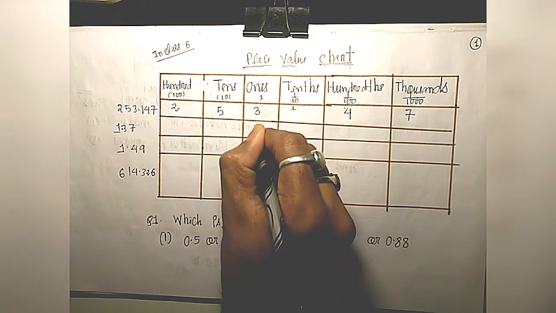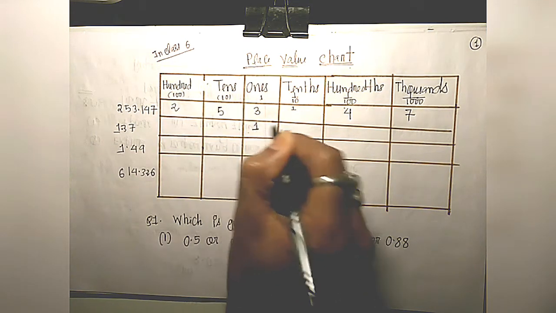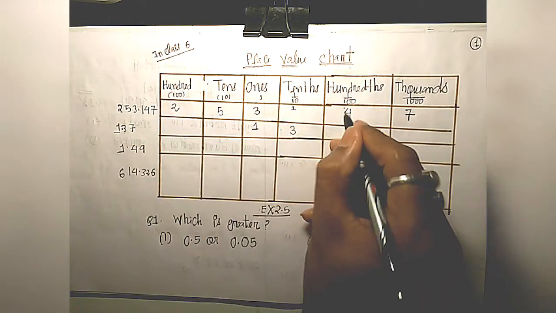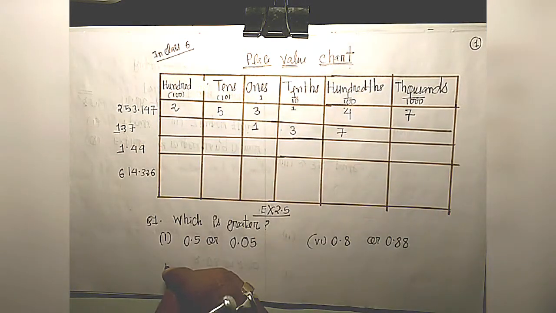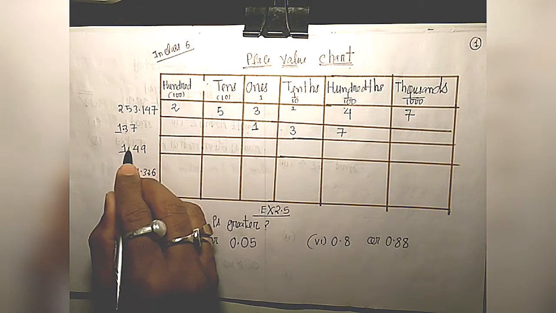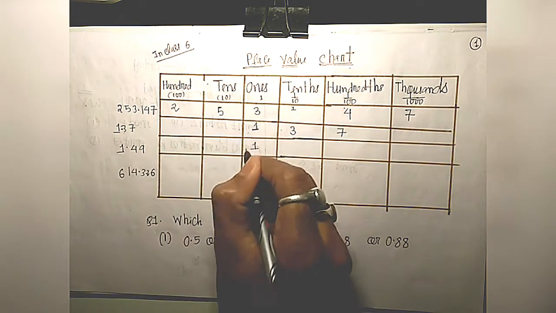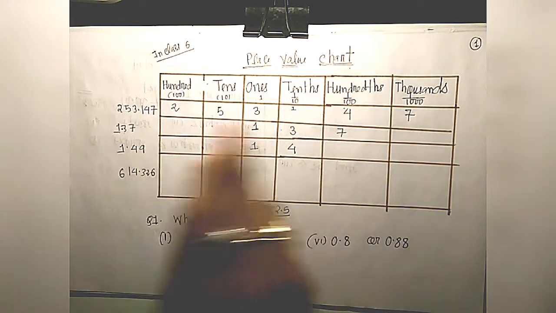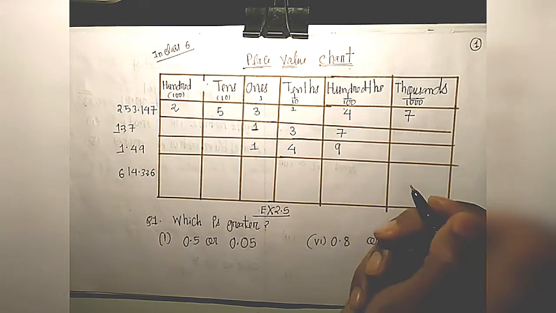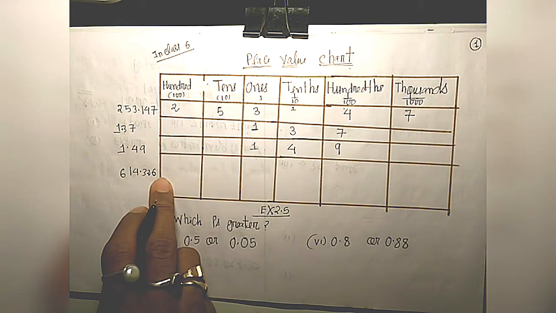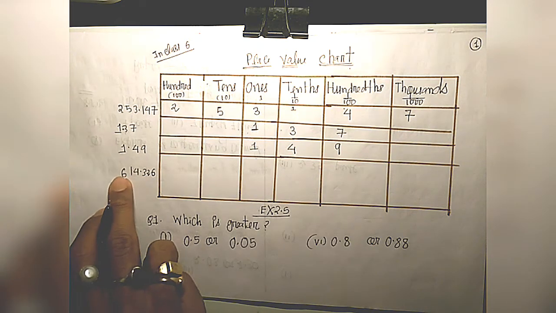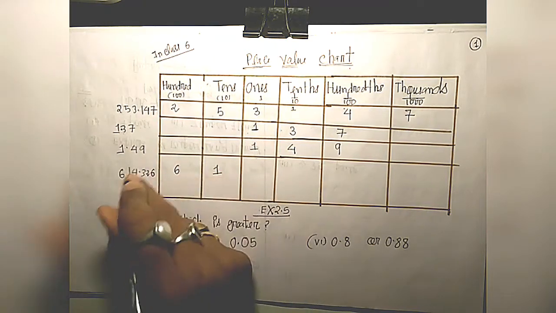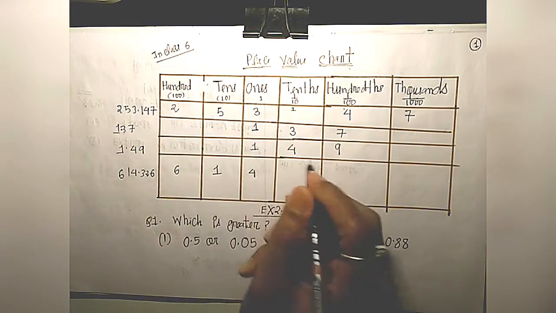Now 1.37: 1 is in the ones place. After the decimal point, 3 is in the tenths place and 7 is in the hundredths place. Similarly 1.49: 1 is in the ones place, 4 is in the tenths place, 9 is in the hundredths place. In 614.326, 6 is in the hundreds place, 1 in the tens place, 4 in the ones place.